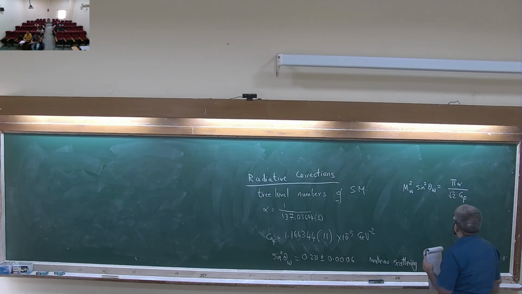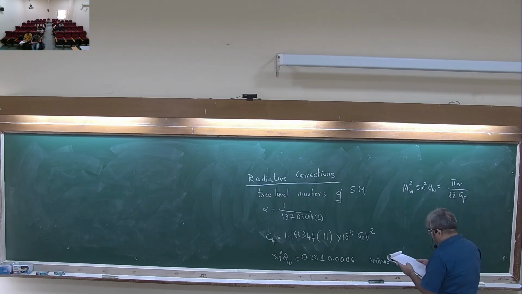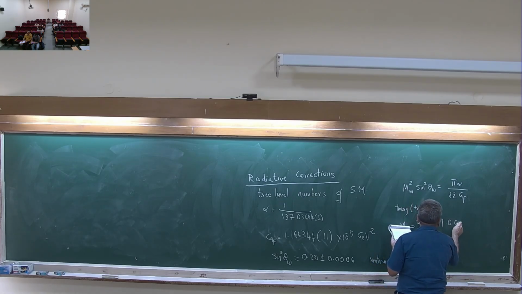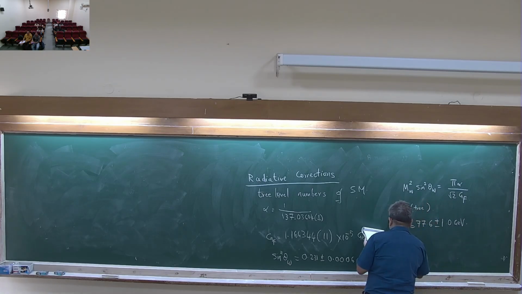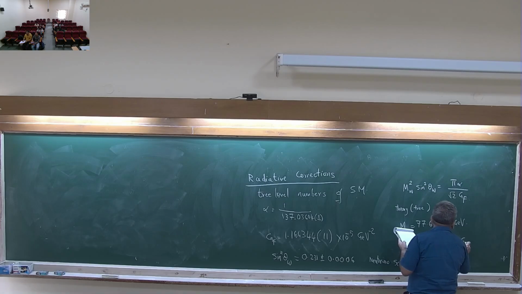So from this you can get MW square and you can also get MZ square, and the theory numbers, the tree level numbers, are MW is equal to 77.6 plus minus 1.0 GeV, MZ is equal to 88.5 plus minus 0.8 GeV.